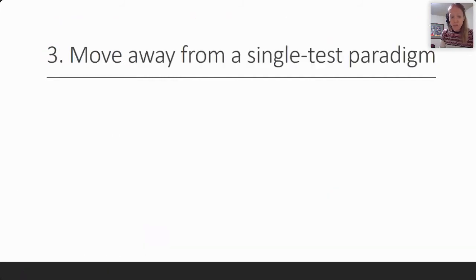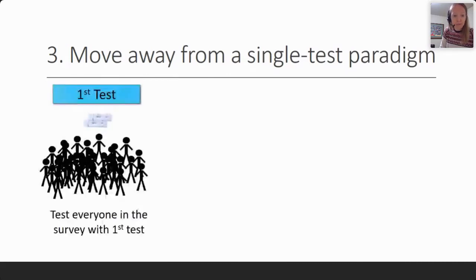So what can we do? Well, one option is to move away from this reliance on a single test. And let me start by giving an example of sequential testing, which has been used by a variety of public health programs, notably in the HIV world. So we start by testing everybody in your survey population with a first test, and this could be a rapid point of care test.